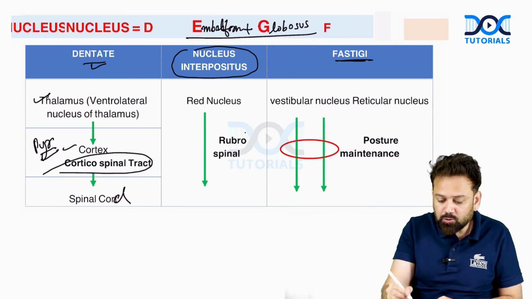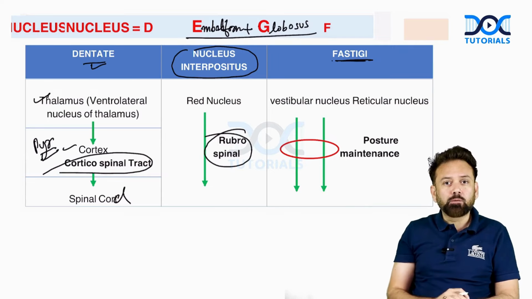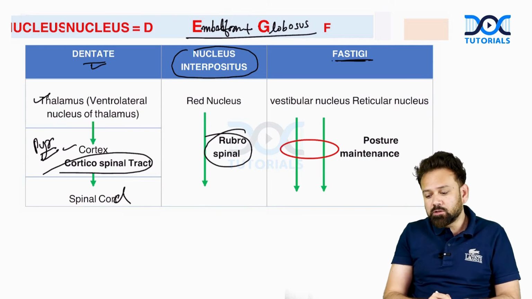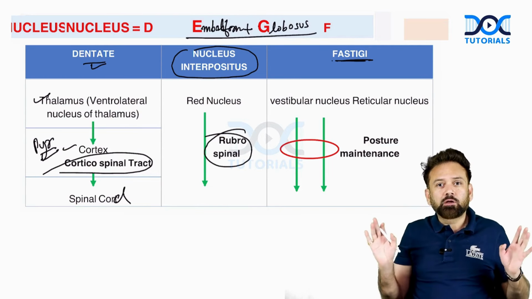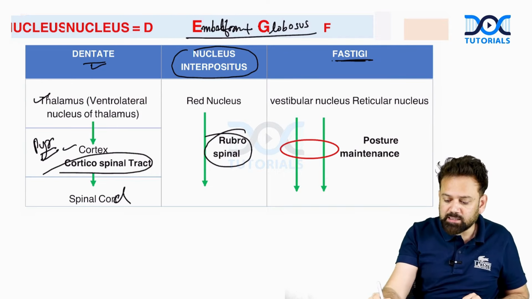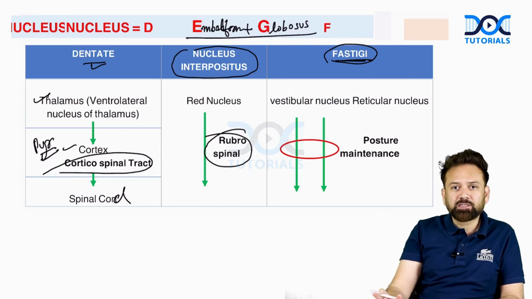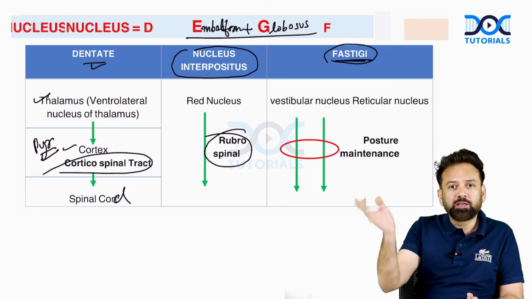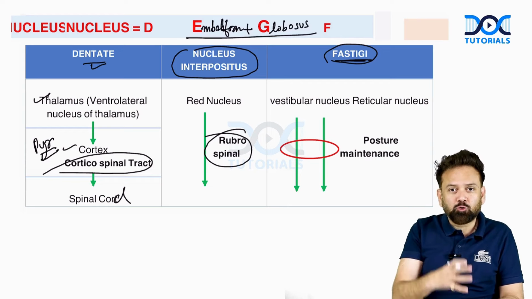What was that? Rubrospinal tract, the most important one. And doctors, all the other extrapyramidal tracts, vestibulo, reticulo, tecto, will all be controlled by a single nucleus. It is very fast, TGI. It is so fast, it can control so many extrapyramidal tracts to control your posture.